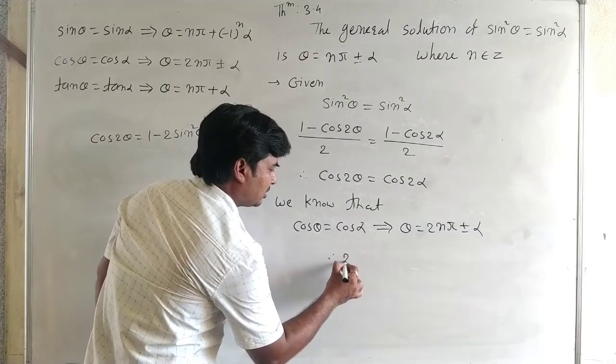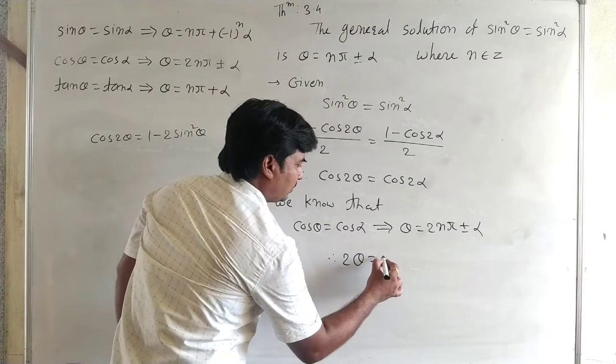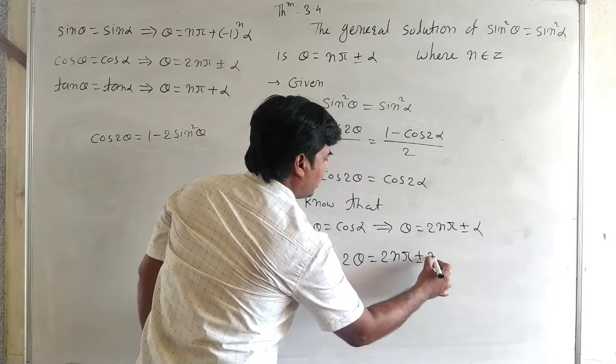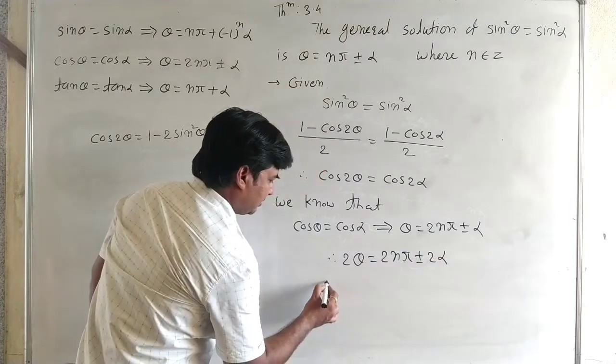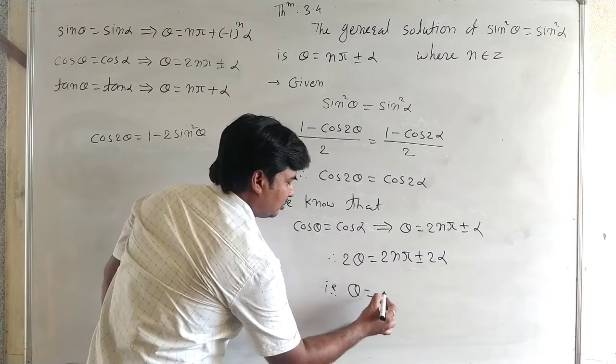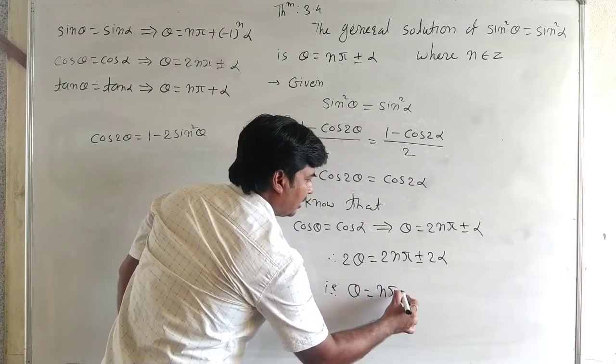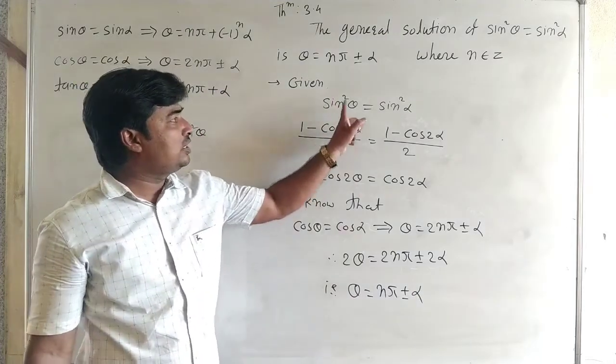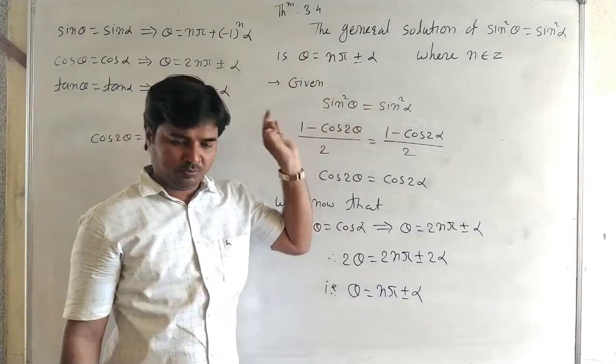Therefore the solution is, see carefully, 2 theta is equal to 2n pi plus or minus 2 alpha, and that is theta is equal to n pi plus or minus alpha. It is a general solution for sin square theta is equal to sin square alpha.